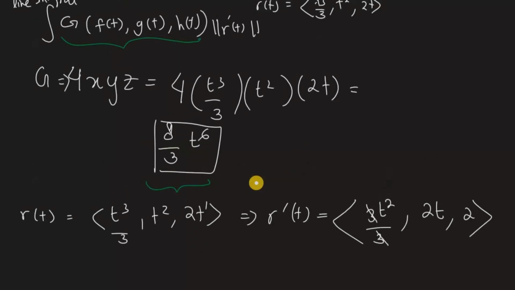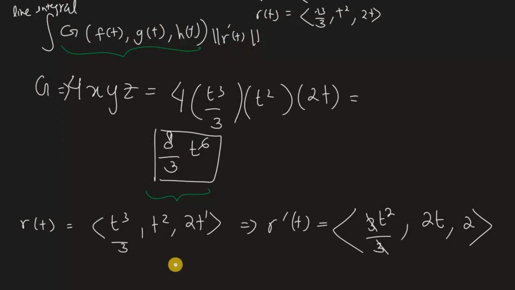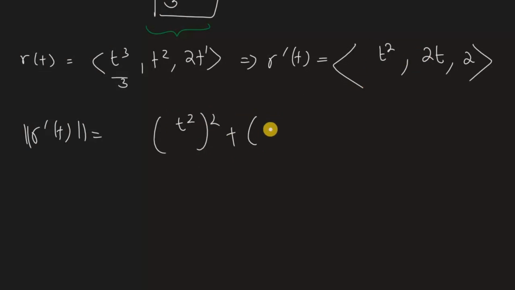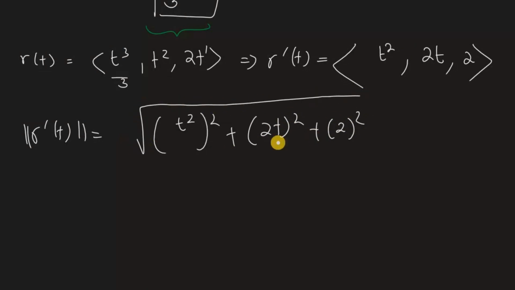Next we need to take the magnitude of this. I hope you remember taking the magnitude. If you don't, let me recall. We're going to square each component, add them, and then square root the whole thing. Here, when we cancel out the 3 and 3, we're only left with t squared. So we have t squared squared plus 2t squared plus 2 squared, and then the square root of the whole thing.